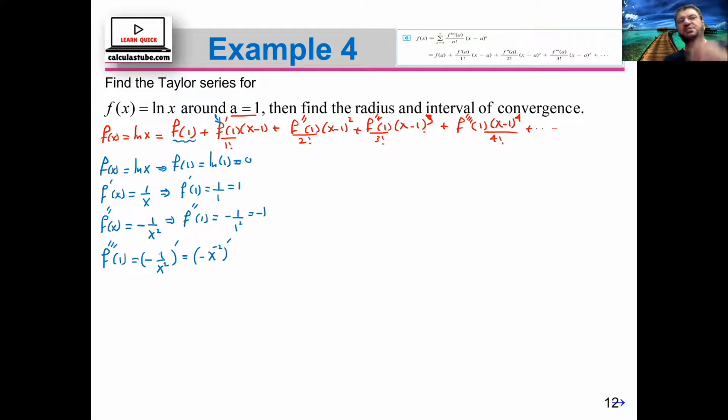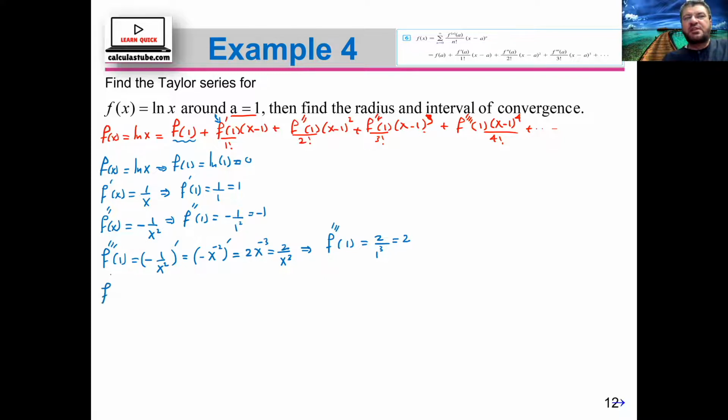The power of minus 2 comes down, times minus, so what do we get? We get 2x, reducing the power by 1, and this is 2 over x cubed. So this is the third derivative of the function, which implies that the third derivative at 1 is 2 over 1 cubed, which is again 2.